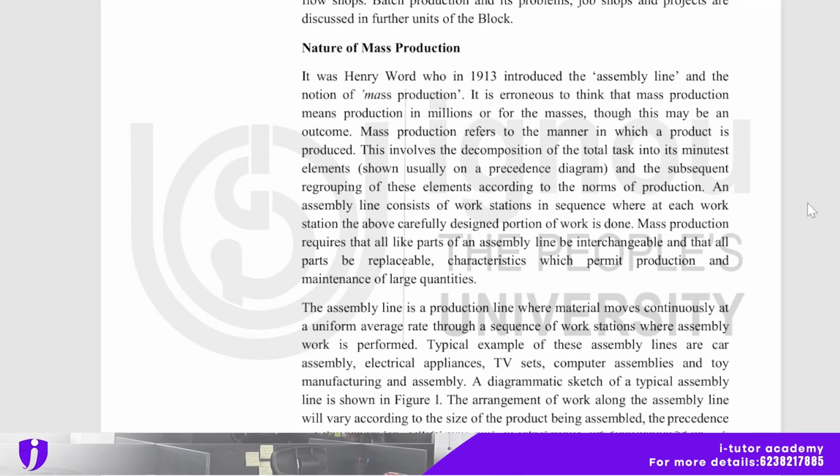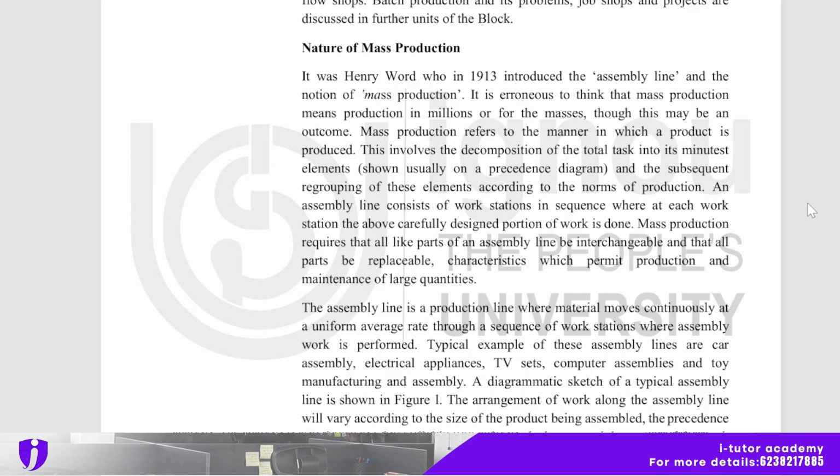And the nature of mass production. What is the nature of mass production? It was Henry Ford who in 1913 introduced the assembly line and the notion of mass production. It is erroneous to think that mass production means production in millions or for the masses, though this may be an outcome.